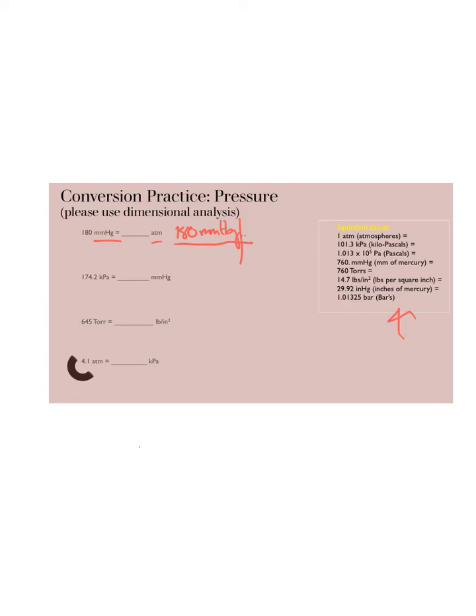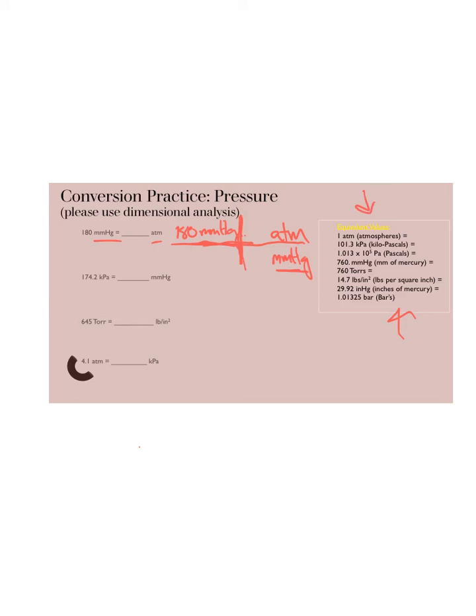So you're making kind of a top level and a bottom level, put together kind of like a train car. So 180 millimeters of mercury, and we're trying to get them to atmospheres. So we know right away I should write mmHg down here because it's on the top and it's now going to be on the bottom, so it's going to cancel out. And I'm looking for atmospheres, so I put atmospheres up top.